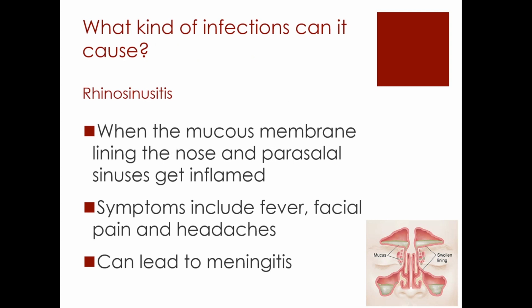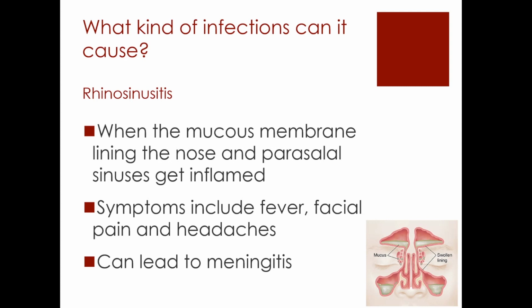So what kind of infections can it cause? We said that it normally colonizes the nasal cavity and sinuses. So if it colonizes this area and begins to multiply, the mucous membrane lining the nose and the paranasal sinuses can get inflamed, and this leads to symptoms of fever, facial pain, and headaches, and this leads to the complication of rhinosinusitis.